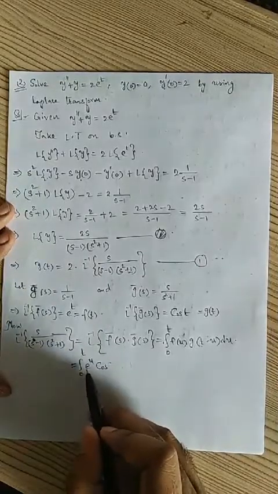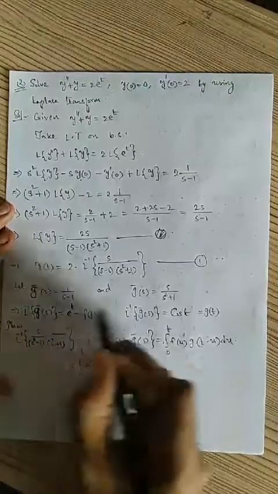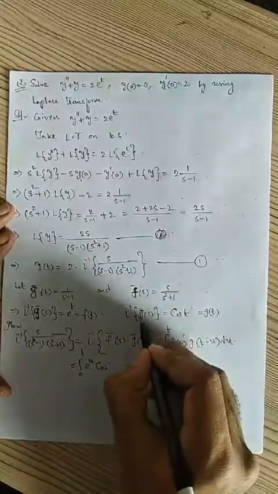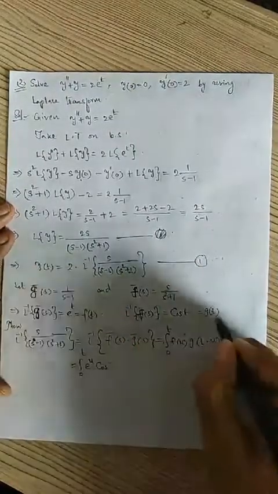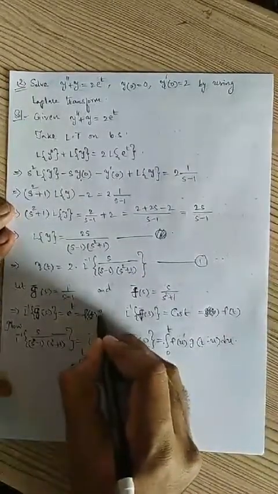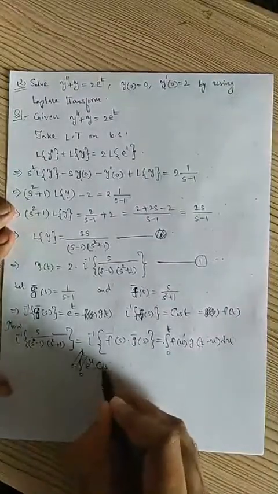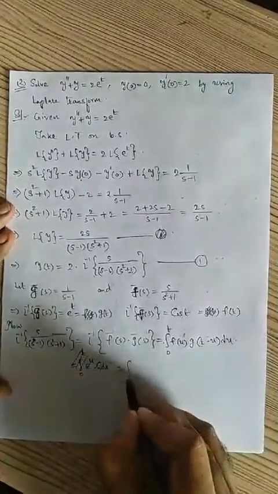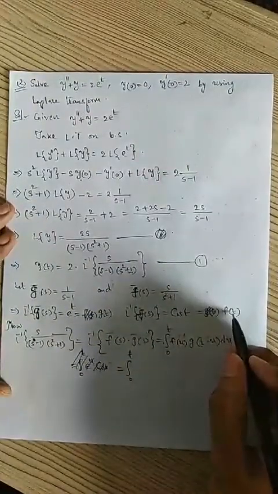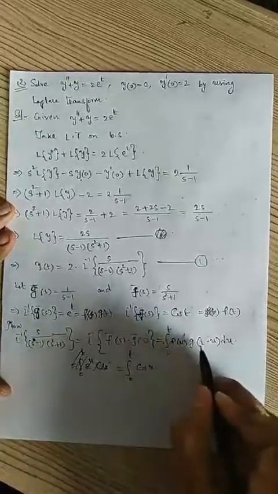So that's why we will consider this as g bar of s and this as f bar of s. So this will be f of t and this will be g of t, right? So this is equal to integral 0 to t f of u, which means cos u, into g of t minus u.